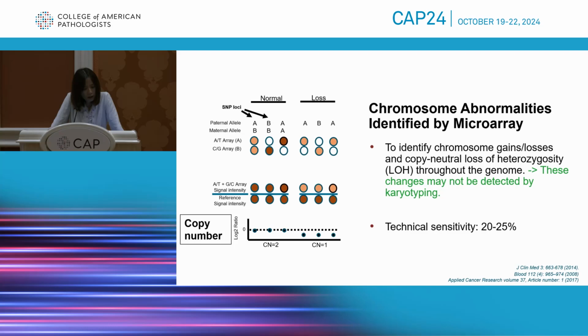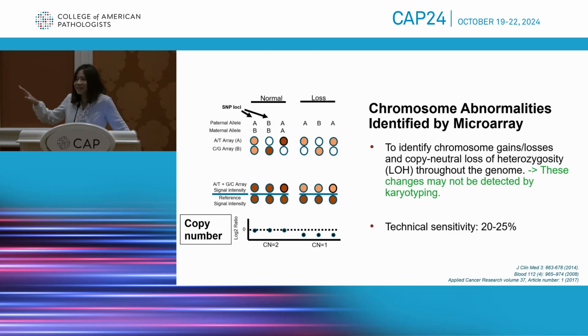Microarray can be used to identify chromosome gains, losses, and copy neutral loss of heterozygosity, which is important because copy neutral loss of heterozygosity will not be detected by either FISH or karyotyping. And this is something you have probably heard a lot, like OncoScan, CytoScan. This is all a kind of microarray. So how does it really work?